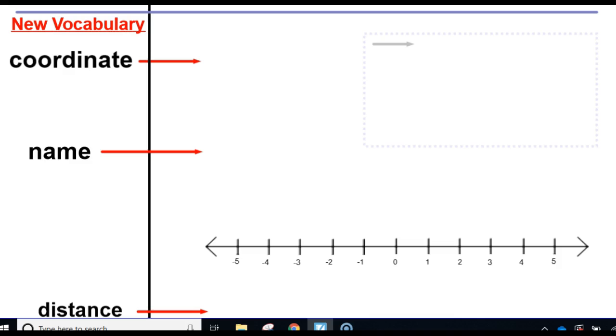the vocabulary. All right, we're going to be talking about first coordinates and naming things on our line or our segment so that we understand what we're talking about. A coordinate is the number assigned to a point.